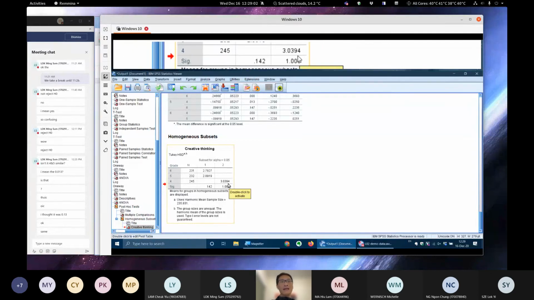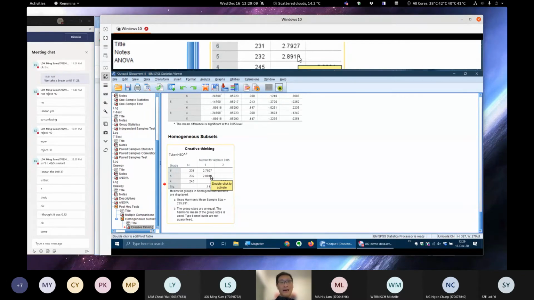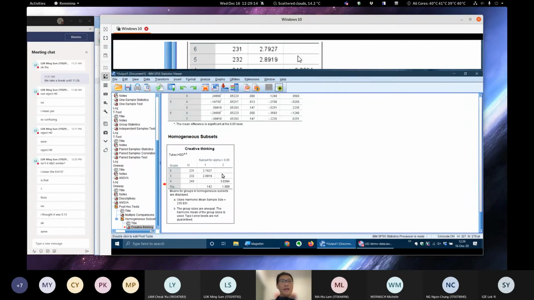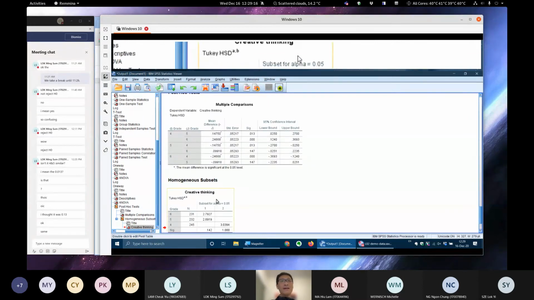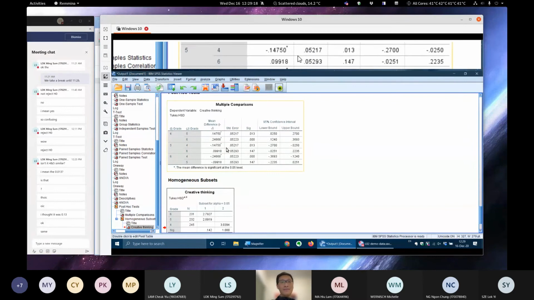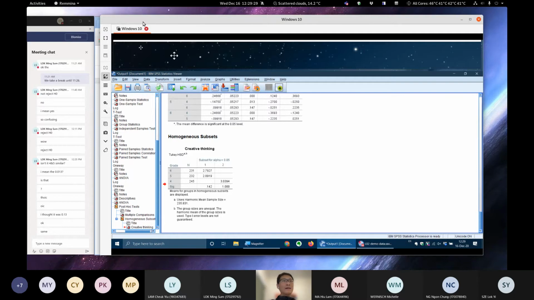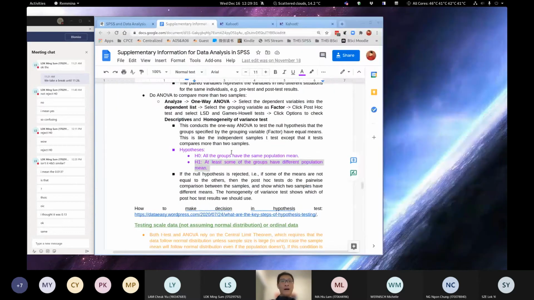So it means that it has a different population mean. And here, you see the numbers. These numbers are the sample mean values. So this table is just another way to represent the same data in the first table. Okay, so the conclusion is grade 4 is different. The other 2 groups are the same. Okay, so that is ANOVA.